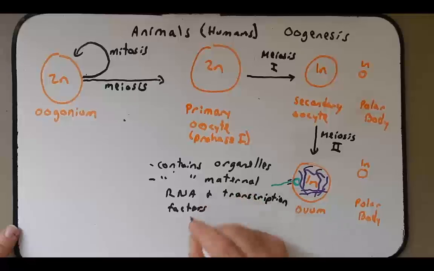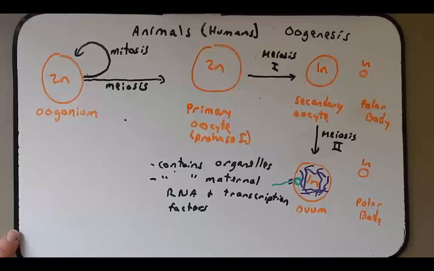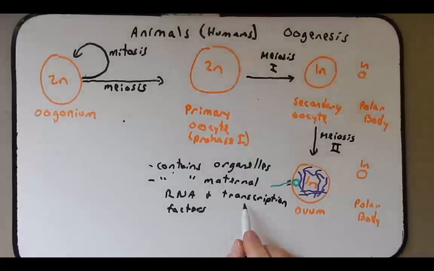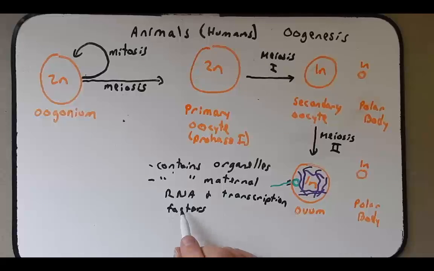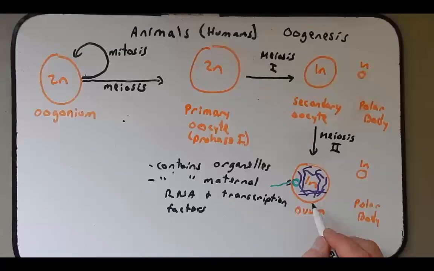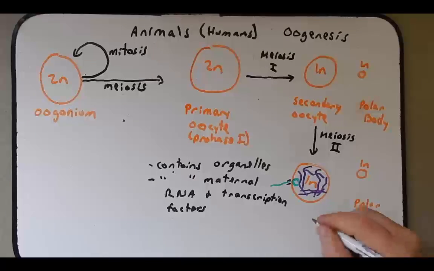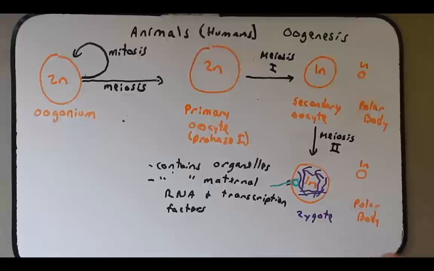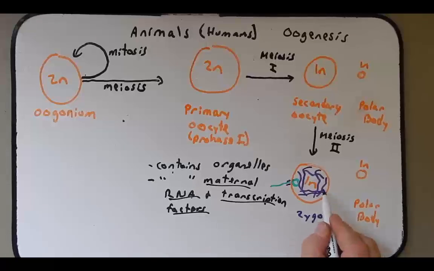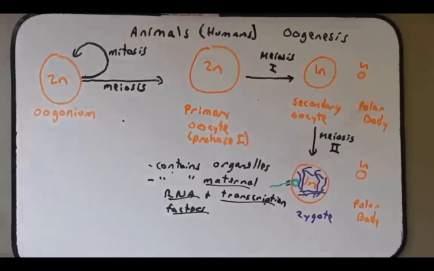These are both really important during the early stages of development, that it has these transcription factors and these RNAs ready to begin to make proteins necessary for cell division. Because once this ovum is fertilized, I should mention once it's fertilized, it becomes a zygote. Once it becomes a zygote, it has to divide really fast. And to help that out, it contains these maternal RNAs and transcription factors, plus all of the mitochondria that is also present here, supplying the energy necessary for early embryonic development.